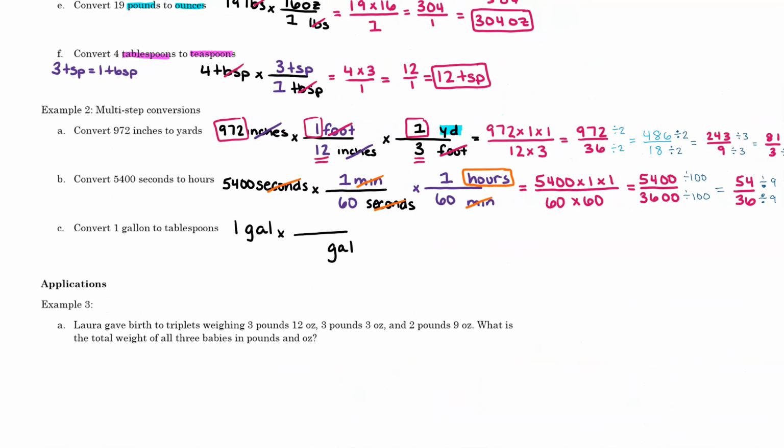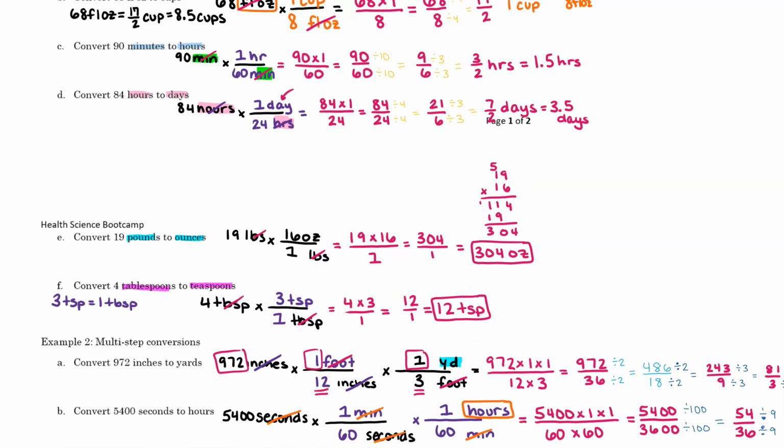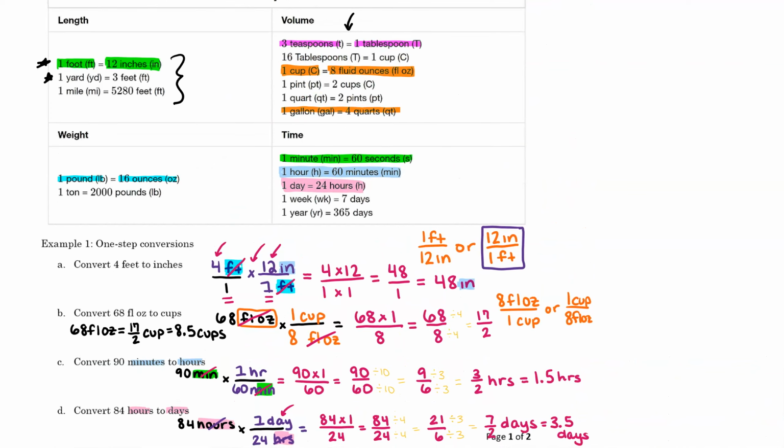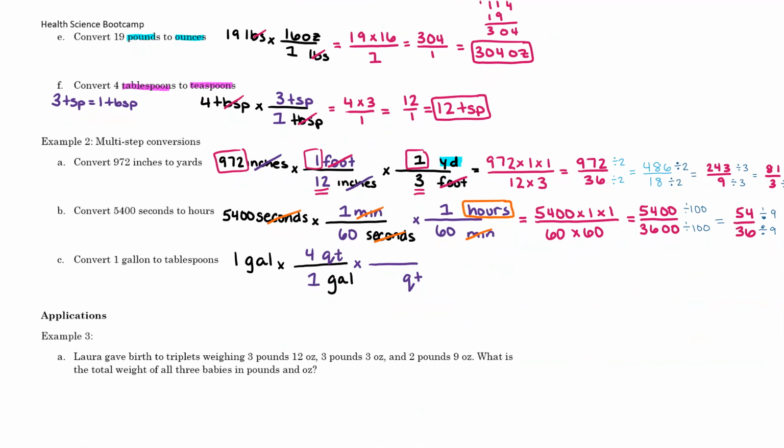So 1 gallon is equal to 4 quarts. Now, quarts, definitely not what I wanted. So let's try to kill those quarts with another conversion where my goal is ending at tablespoons. Well, 1 quart is 2 pints, so I could use that. 1 quart is 2 pints.